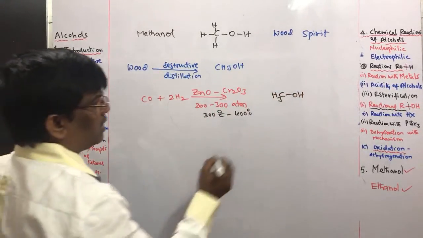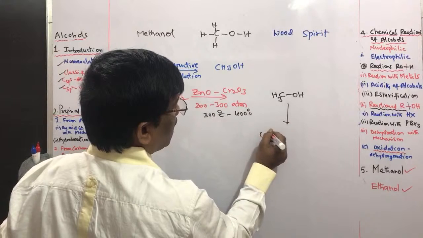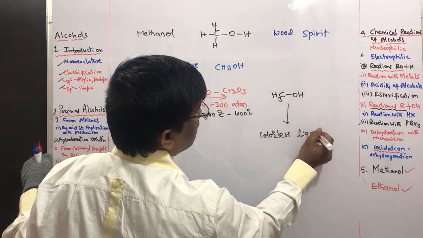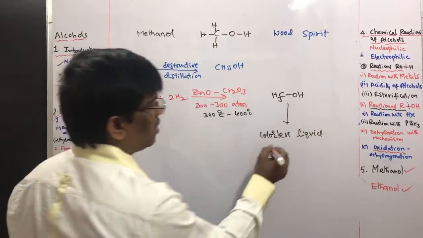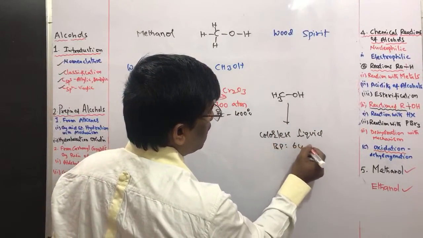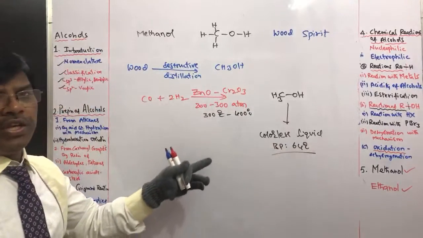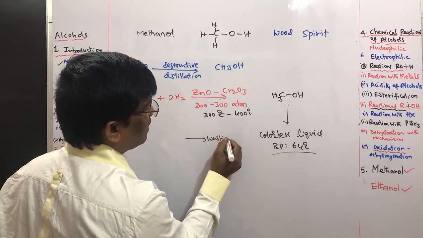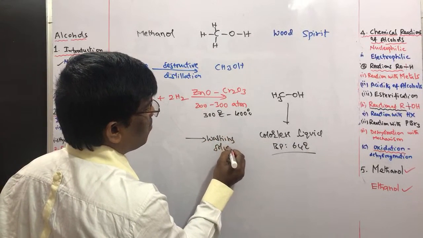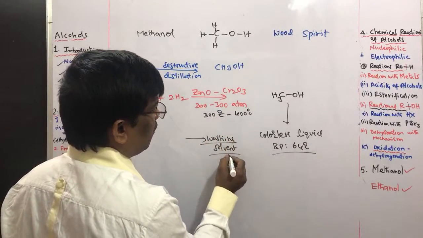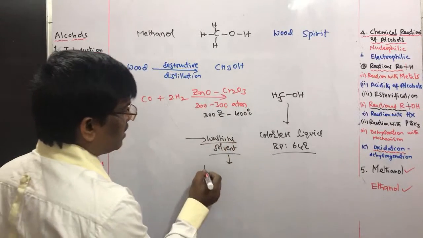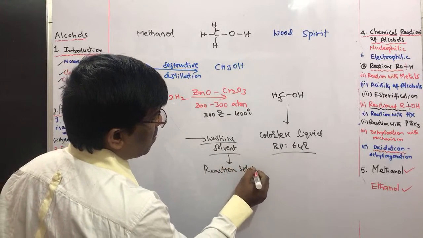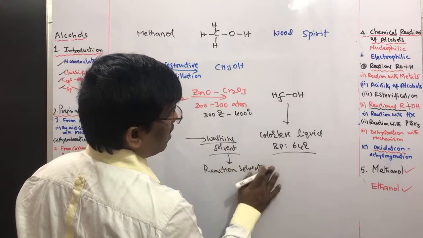Methanol is a colorless liquid. What is the boiling point? The boiling point is 64 degrees centigrade. Usually we use methanol as a washing solvent in organic synthetic labs, and as a reaction solvent in organic synthesis.